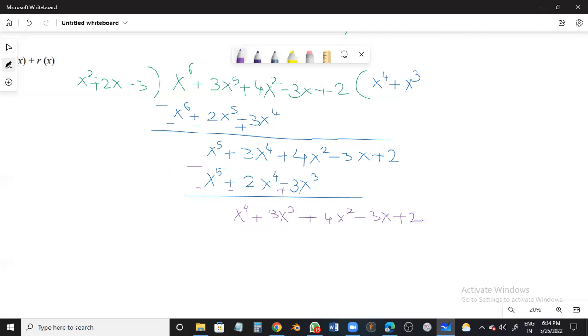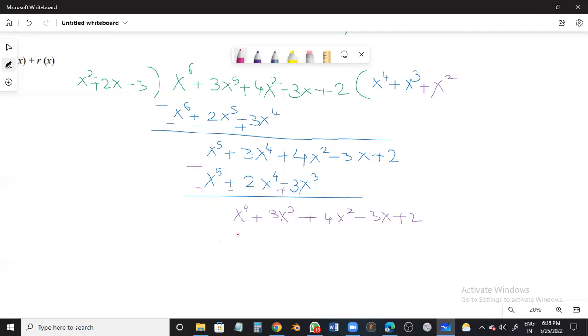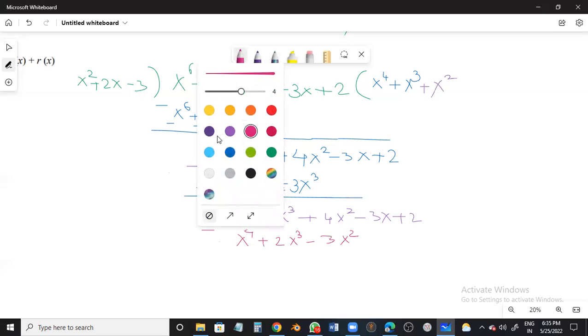Now what will be the next quotient? x raised to 2, plus x raised to 2. What does it produce? x raised to 4 plus 2x cube minus 3x square. Now we have to subtract, so for subtraction we have to change the signs.